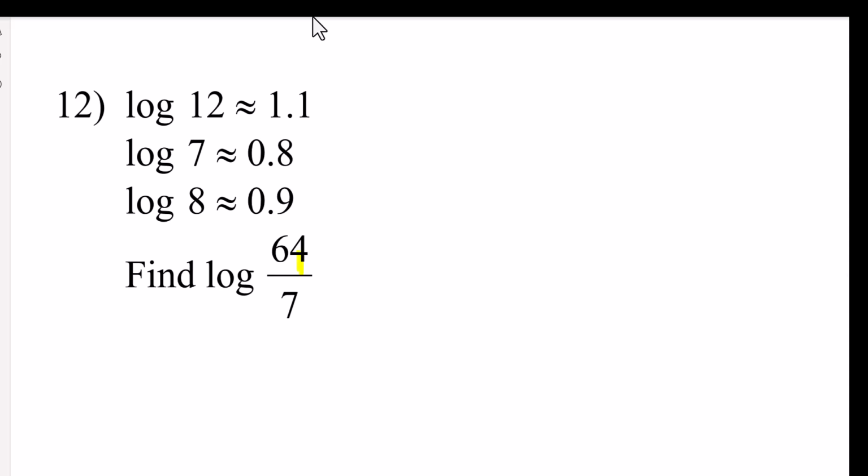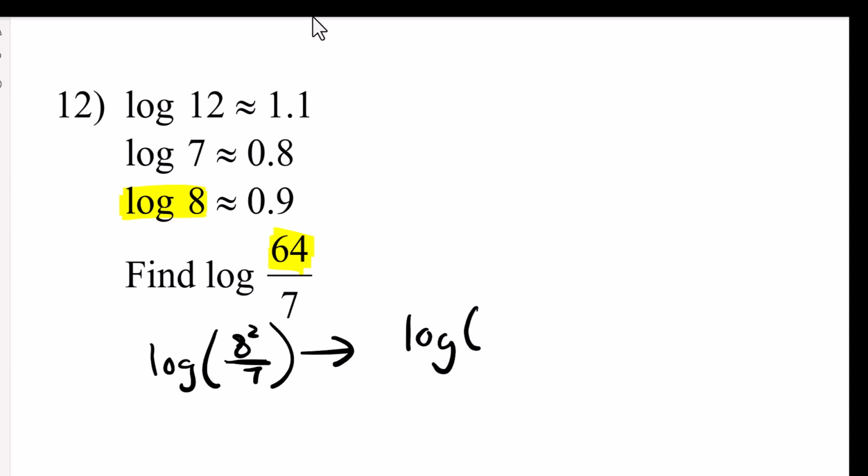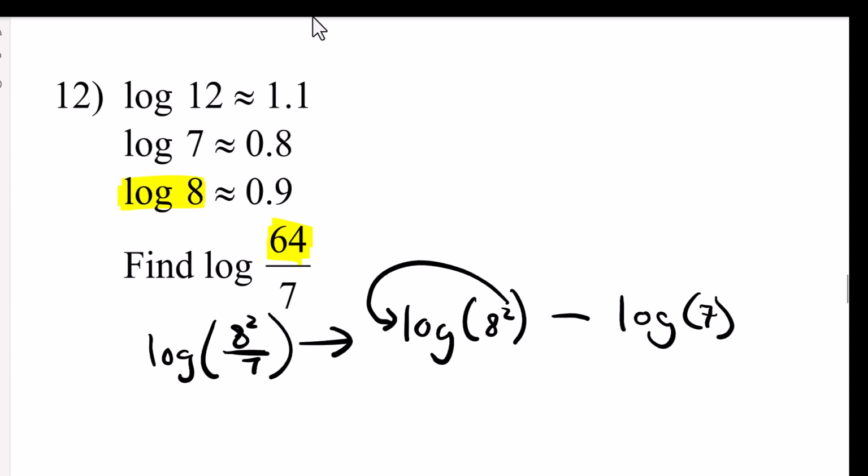All right. Let's see, 64. We have a log 8 again. So we can rewrite this as log 8 squared. That looks weird. We've got to divide. Divide expands to subtraction. So you've got log of 8 squared, and that 2 is going to come around in front. Subtract log 7.